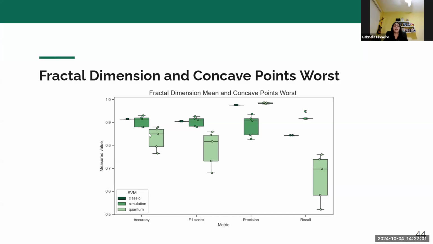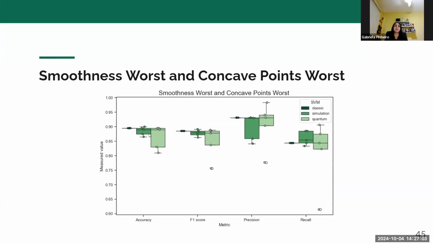And here we have the last one, which is the best case scenario, where the execution on a real device managed to be equal or above the median of the simulation SVM in the majority of the cases for accuracy and F1 score, showing that even though we have execution affected by the noise, we are actually already able to have decent results.